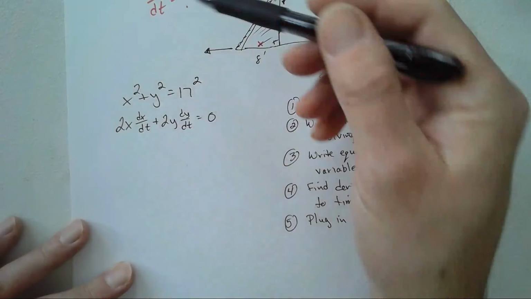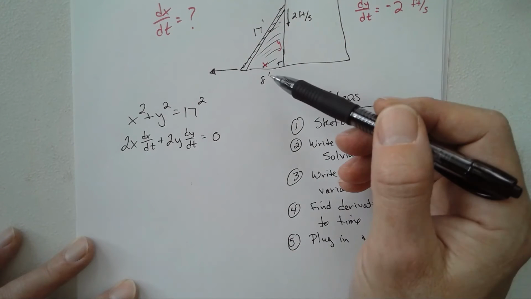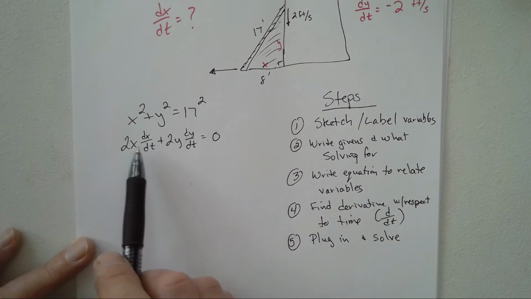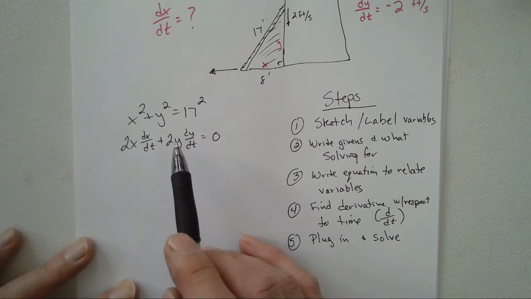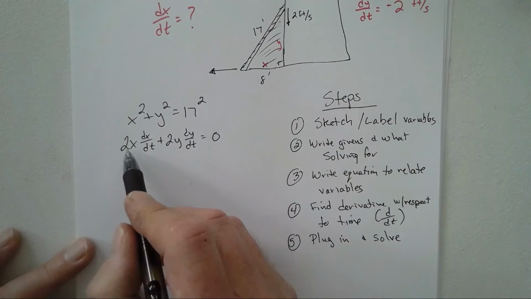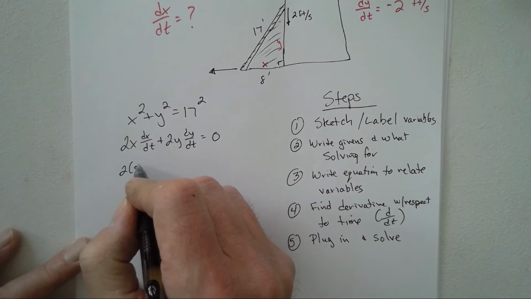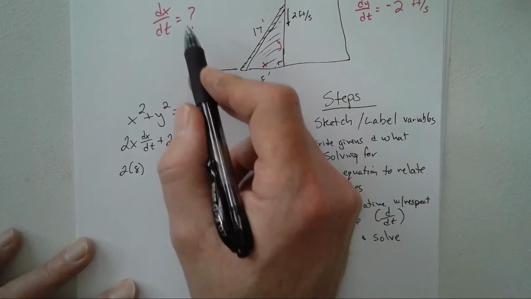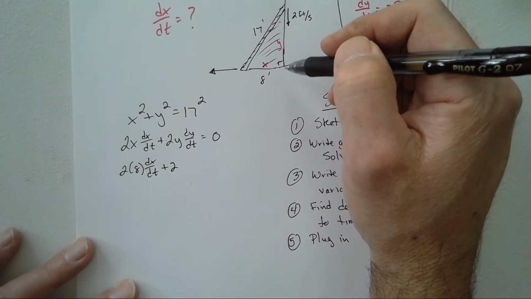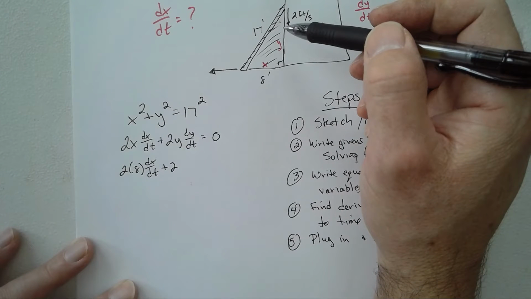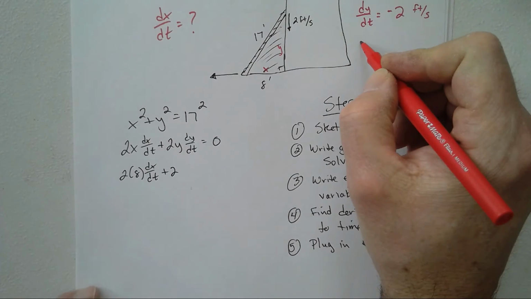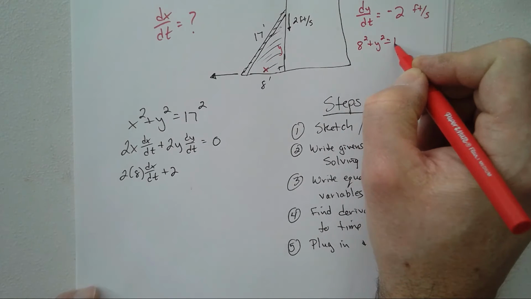You can't plug it in until after you do the derivative. So once you do the derivative, then we start to substitute things in. So my x is 8. dx/dt is what we're looking for. My y, we don't know it, but we can solve it using the Pythagorean theorem. So 8 squared plus y squared equals 17 squared. Carry the 1, y is 15.